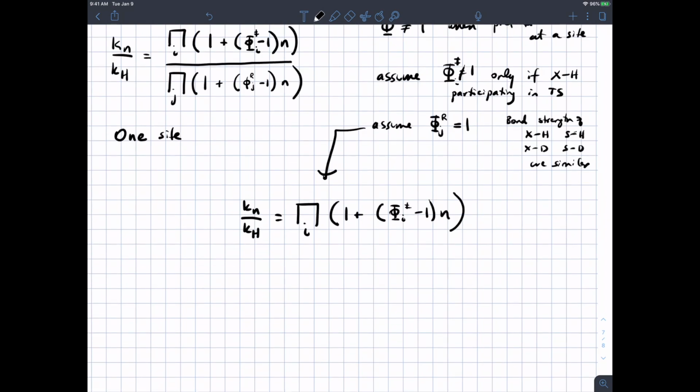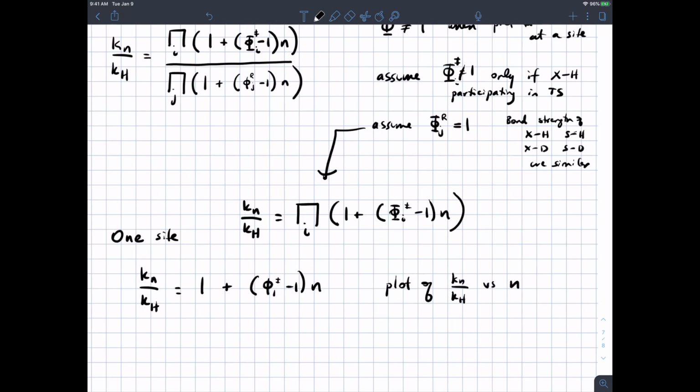If we have only one site, then Kn divided by Kh is equal to 1 plus the fractionation factor for site 1 minus 1, times n, and a plot of Kn divided by Kh versus n will be linear.